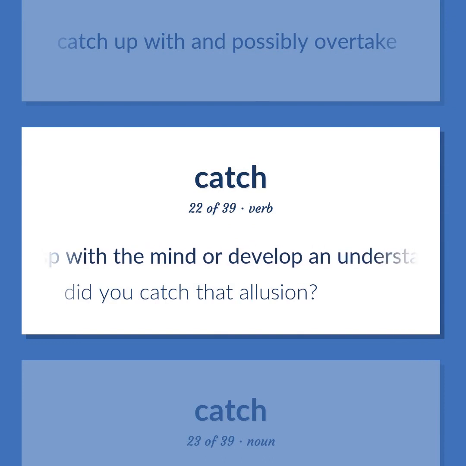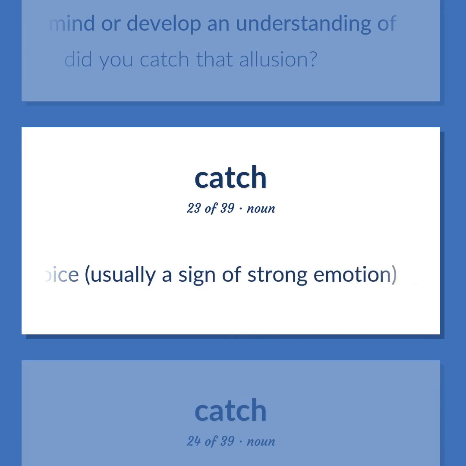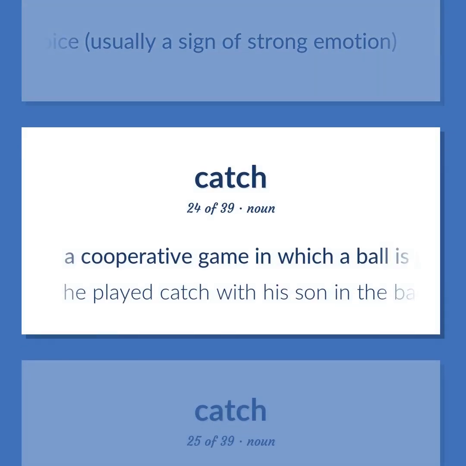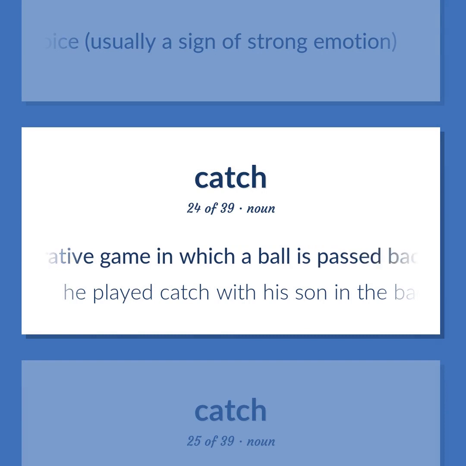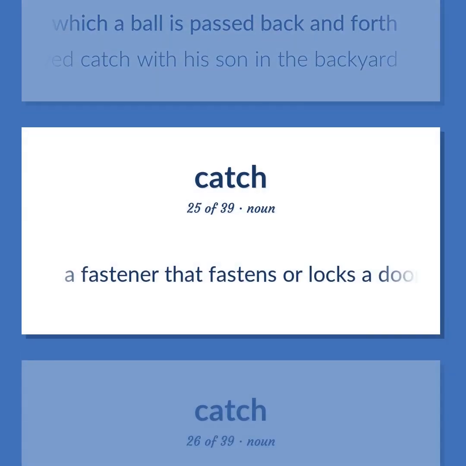Grasp with the mind or develop an understanding of. Did you catch that illusion? A break or check in the voice, usually a sign of strong emotion. A cooperative game in which a ball is passed back and forth. He played catch with his son in the backyard. A fastener that fastens or locks a door or window.